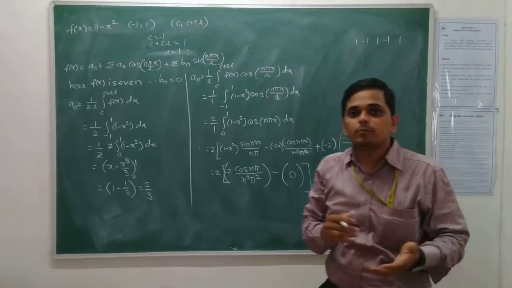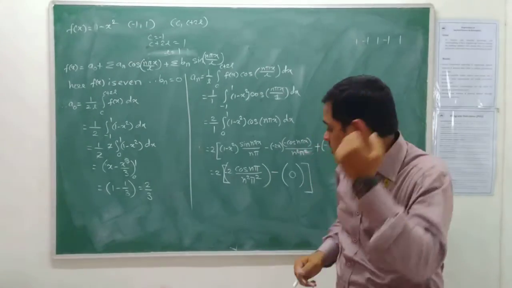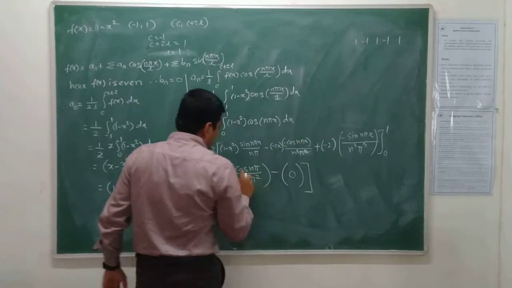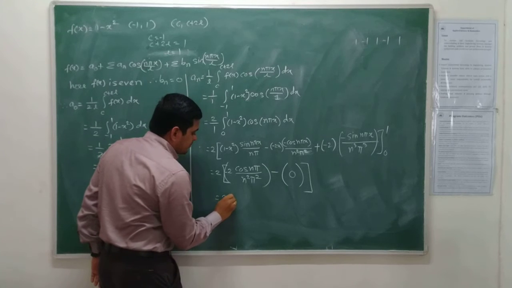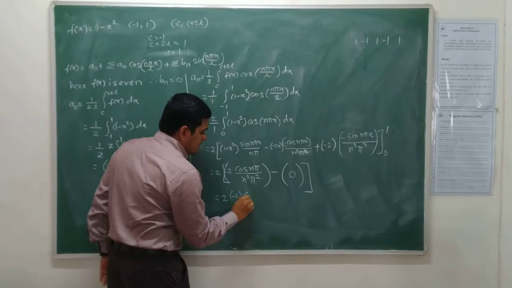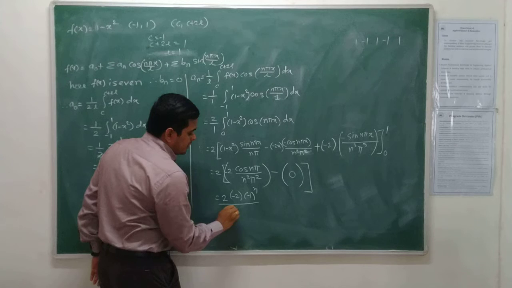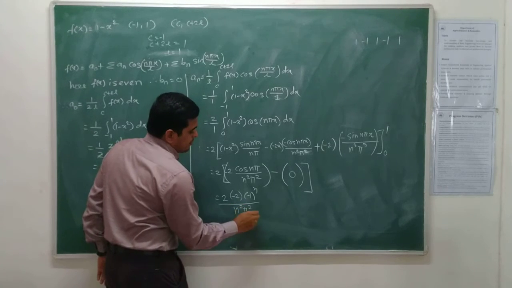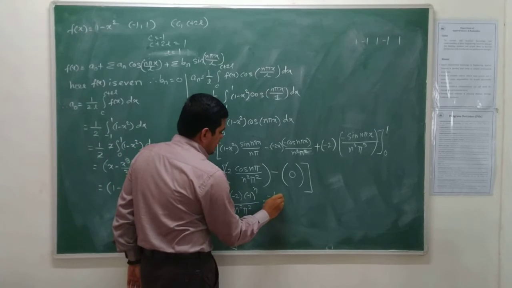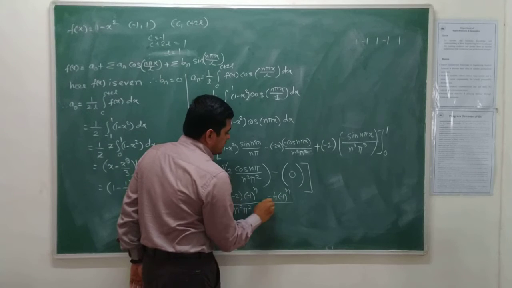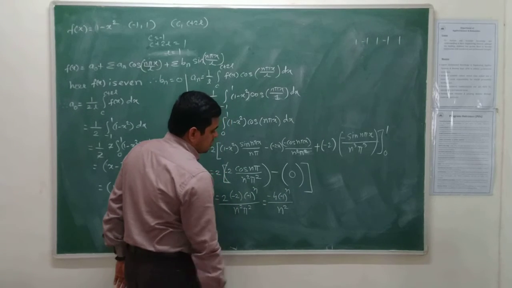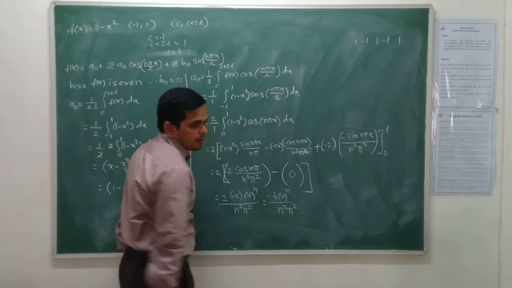That means alternate plus minus we get. To overcome this problem, we replace cos n pi by minus 1 raised to n divided by n square pi square. So hence the answer is minus 4 into minus 1 raised to n upon n square pi square.